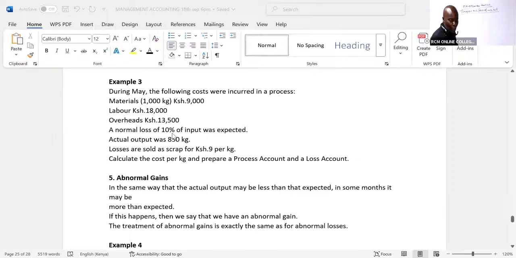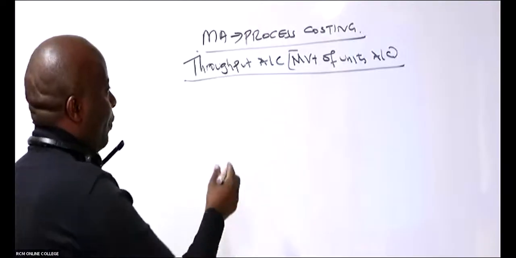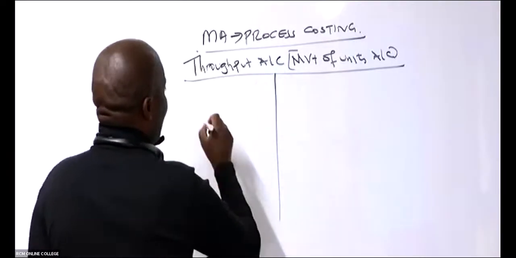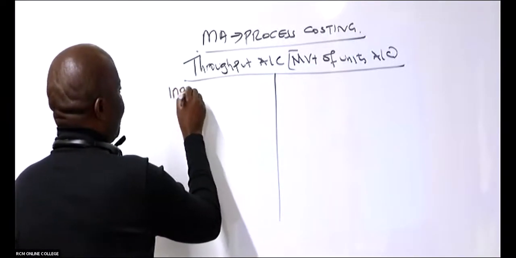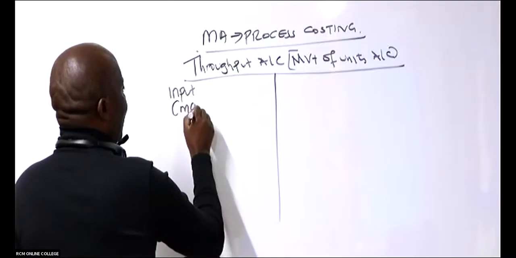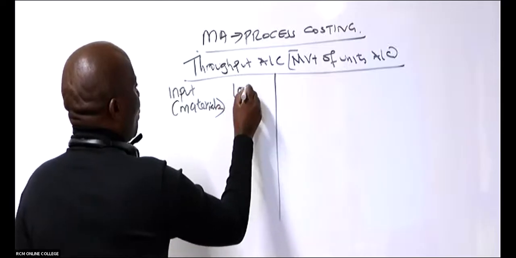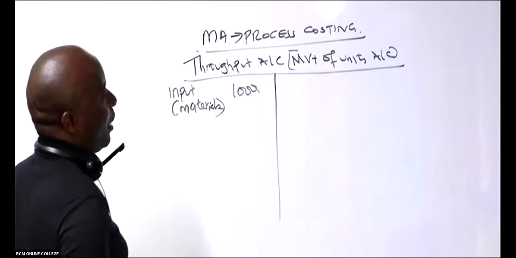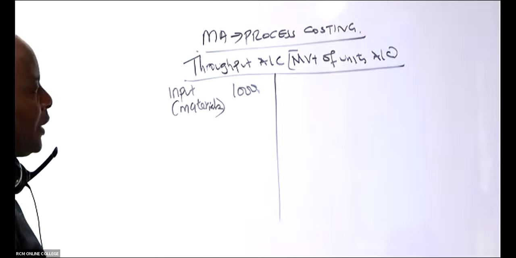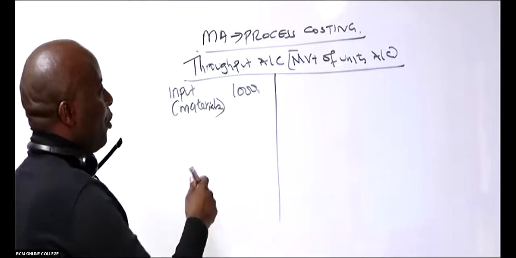And this is how it shall look like. It's just a normal T account. So we have input in the form of materials, 1,000 kilograms being put in. And then, ladies and gentlemen, we have our normal loss.